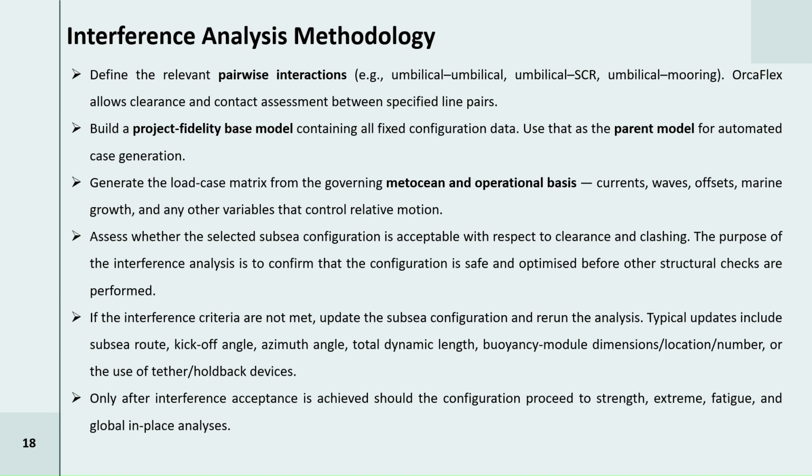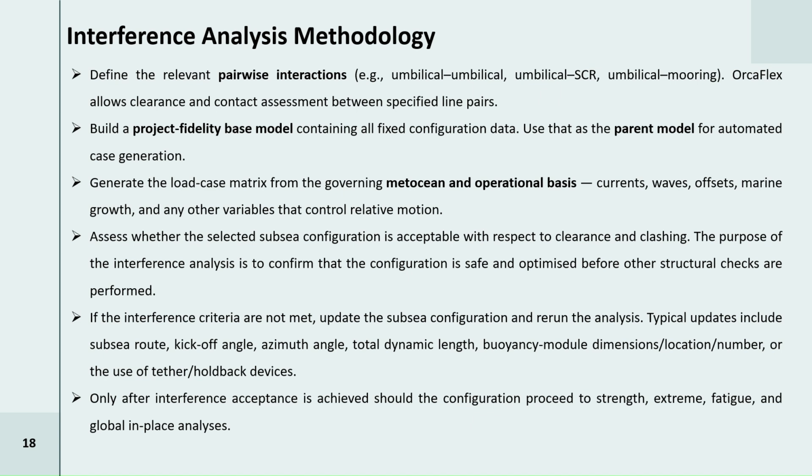Third, generate the load case matrix from the governing ocean and operational basis. Then, assess whether the selected subsea configuration is acceptable with respect to clearance and clashing. This is important because the purpose of the interference analysis is to confirm that the configuration is safe and optimized before other structural checks are performed.